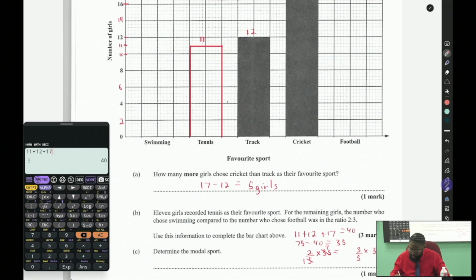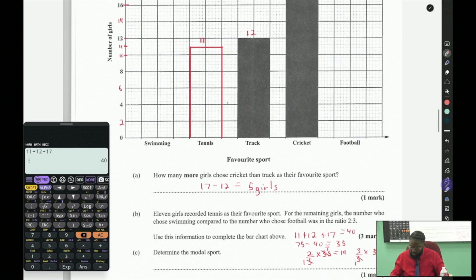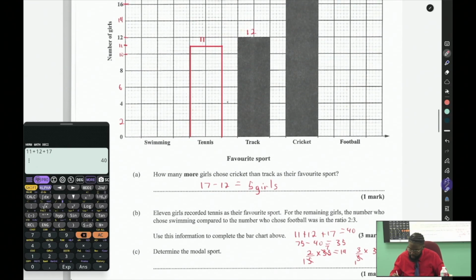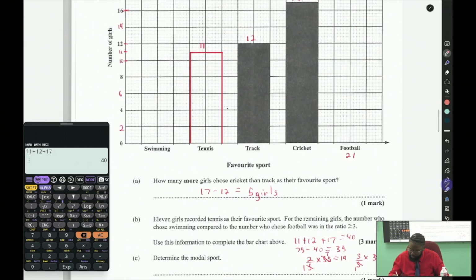So 2 sevens are 14. Again, 3 sevens are 21. So that means football is 21 and swimming is 14. All right.